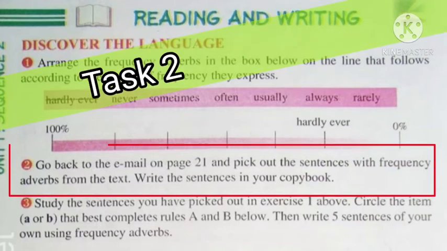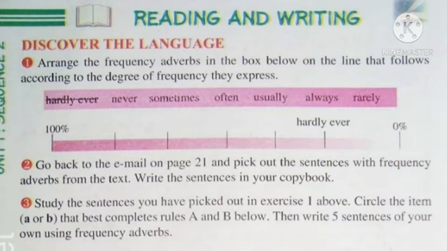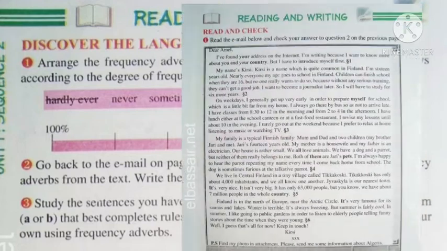Go back to the email on page 21 and pick out the sentences with frequency adverbs from the text. Write the sentences in your copybook. We must go to page 21.